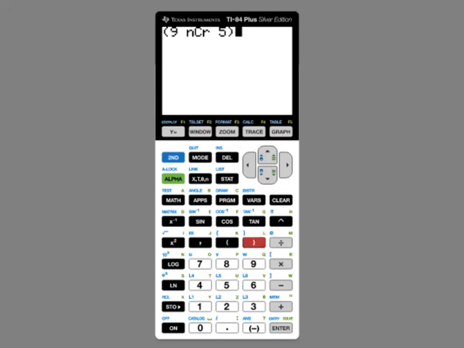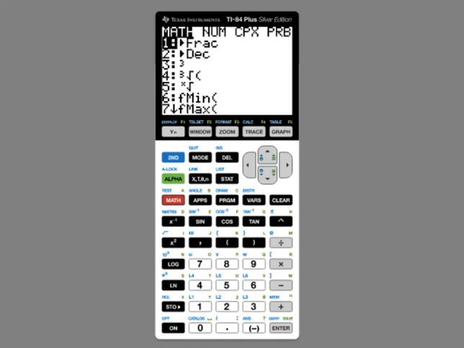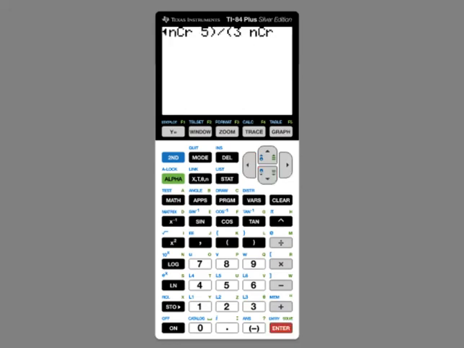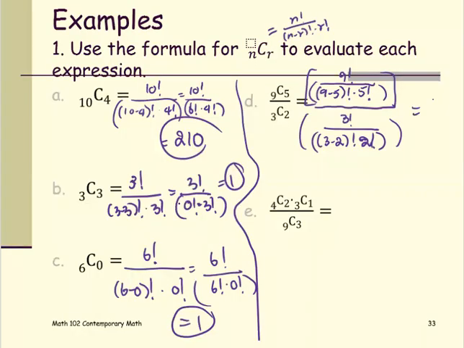This is the numerator, divided by open parentheses again for the denominator, which is the combination of the 3 selecting 2. So n is 3. Hit the math PRB option 3, and the R for the denominator is 2. Close the parentheses and hit enter. You will get the answer as 42.